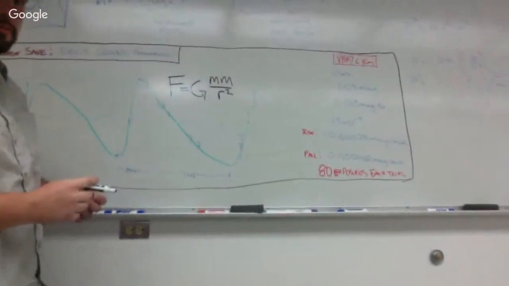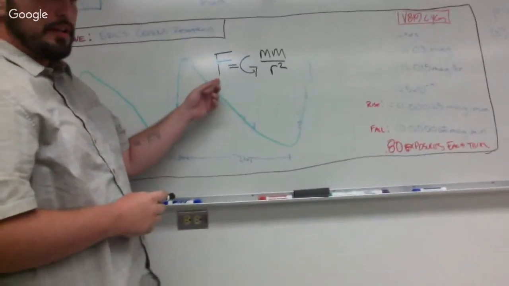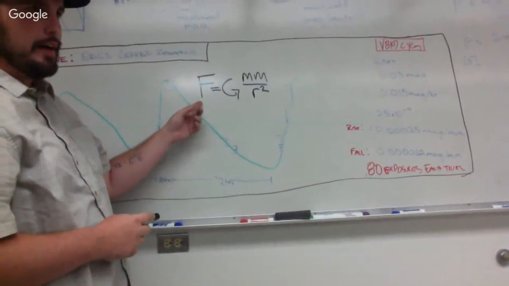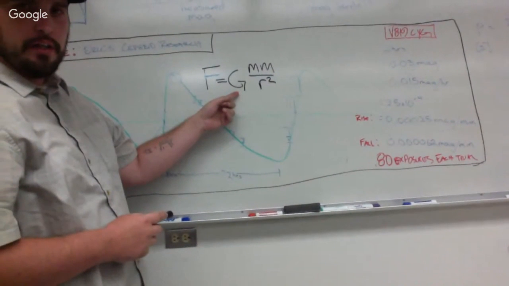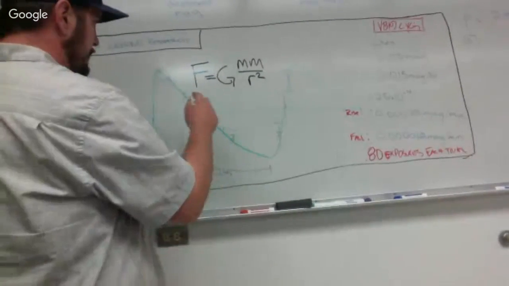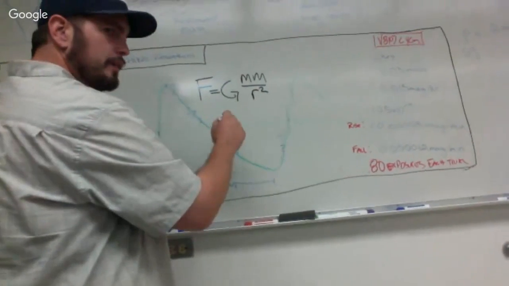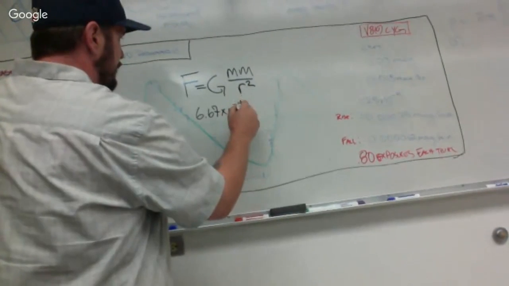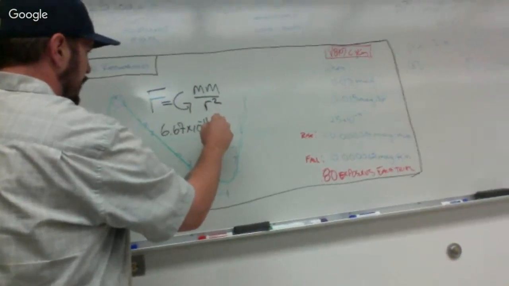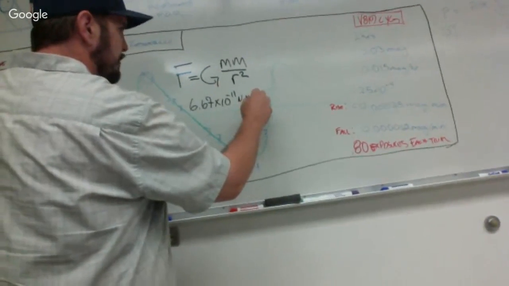So just to explain this equation here, the force that you would get from two orbiting bodies is equal to the gravitational constant, which is just a number, and that number is, I forget off the top of my head. 6.67 times 10 to the minus 11, and I believe that's newton meters squared per kilogram squared.